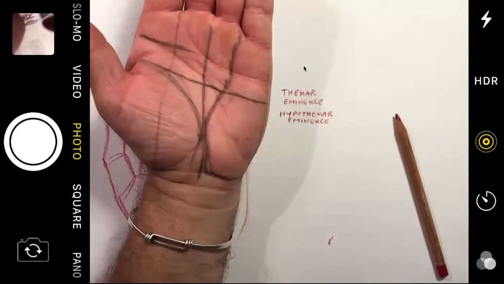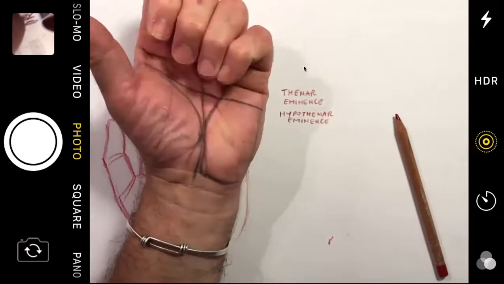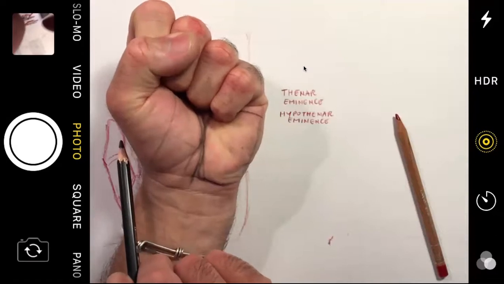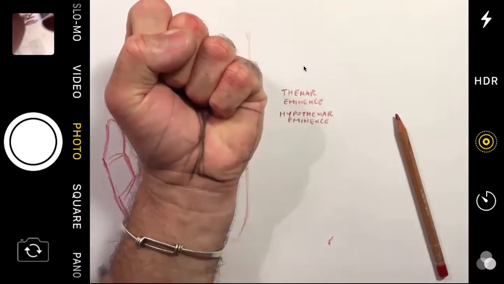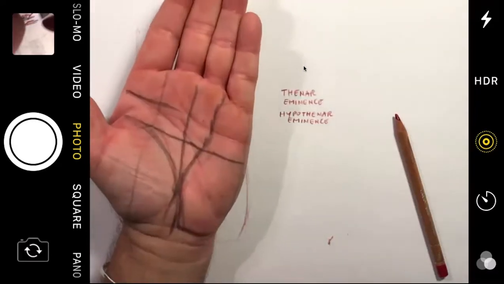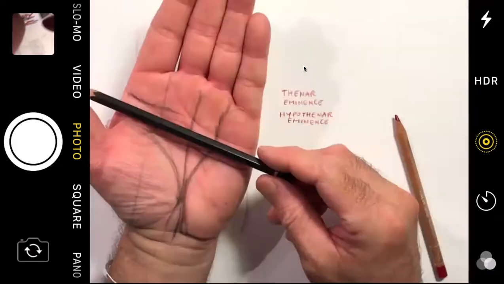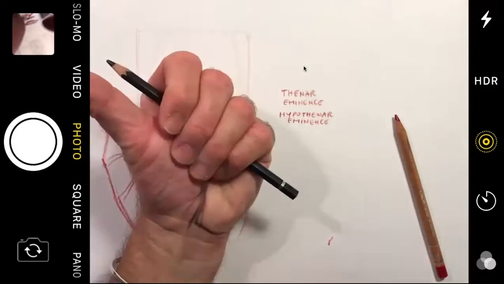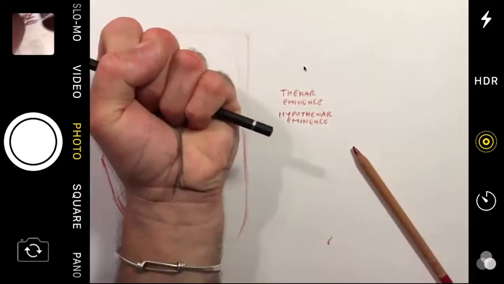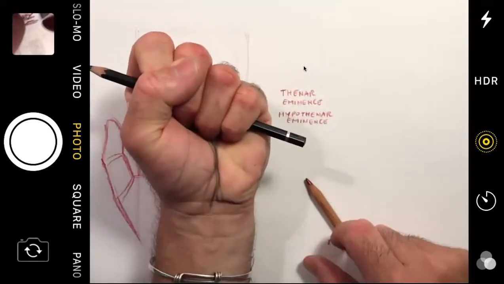Off center. So when I do this, I see that this portion sticks out so much more than this portion here. Also another thing, notice this: I have my hand straight like this, I put the pencil in here, and if I close the hand, the pencil is at an angle. It's diagonal. It's not straight.